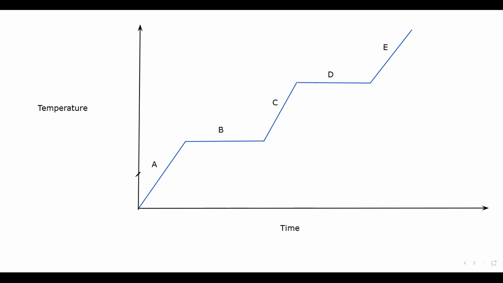For example, say the temperature axis reads 200, 400, 600, 800, 1000, and so on, in degrees centigrade. And the time is in minutes: 10, 20, and 30.